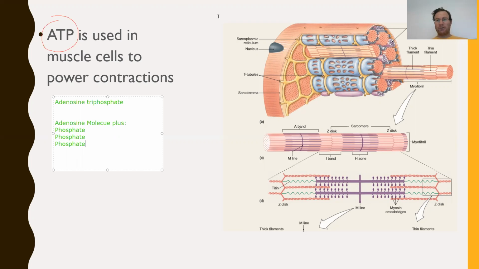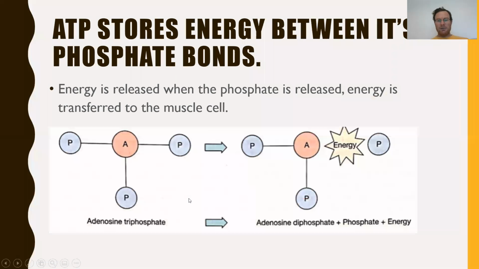Let's have a look at what that looks like. So here is adenosine triphosphate. There's phosphate 1, there's phosphate 2, and there's phosphate 3, adenosine triphosphate. Now think of this as just a tiny, tiny molecule, minuscule.